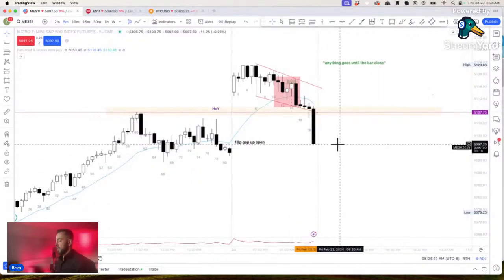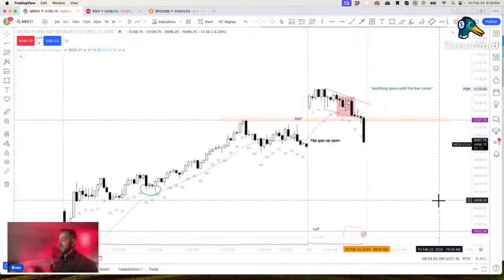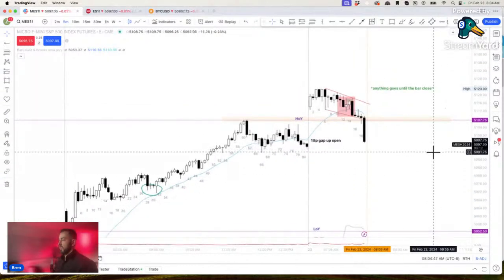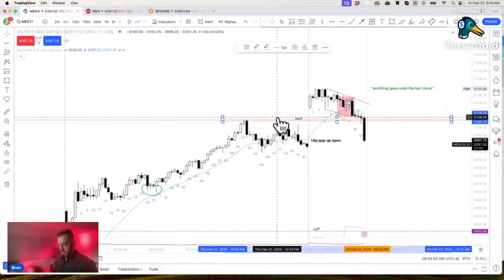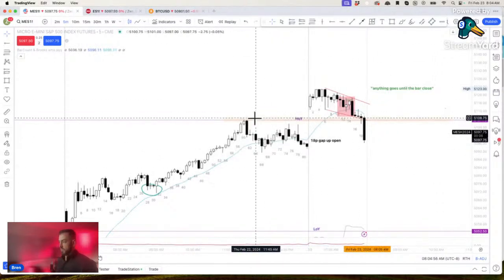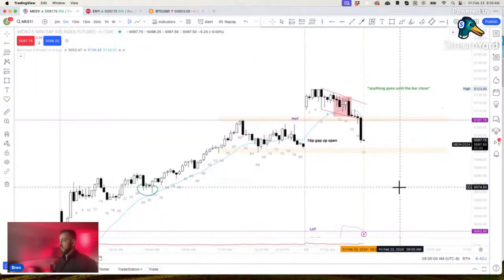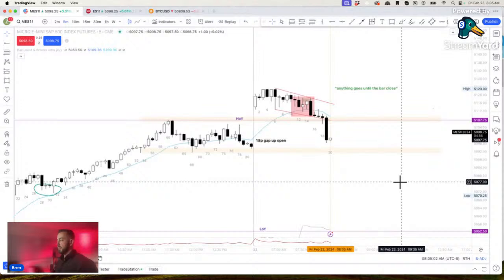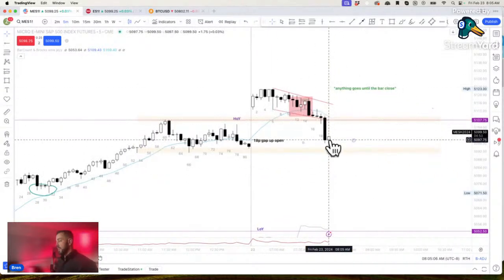Now, this is a strong bear breakout, right? So will there be more selling? Well, we don't know because now we're entering another area of support. So we got another one of these. We got another one of these. So we gotta watch and see what happens. Maybe that's the end of the bear trend. That's a climax.